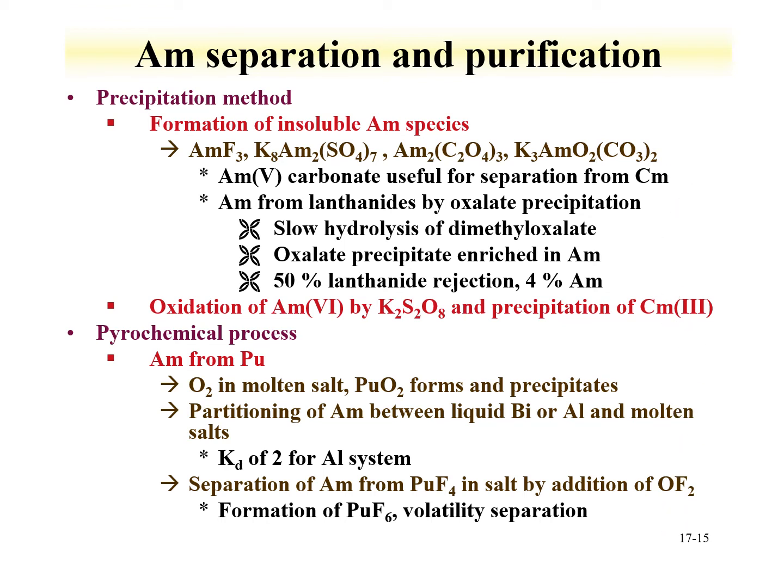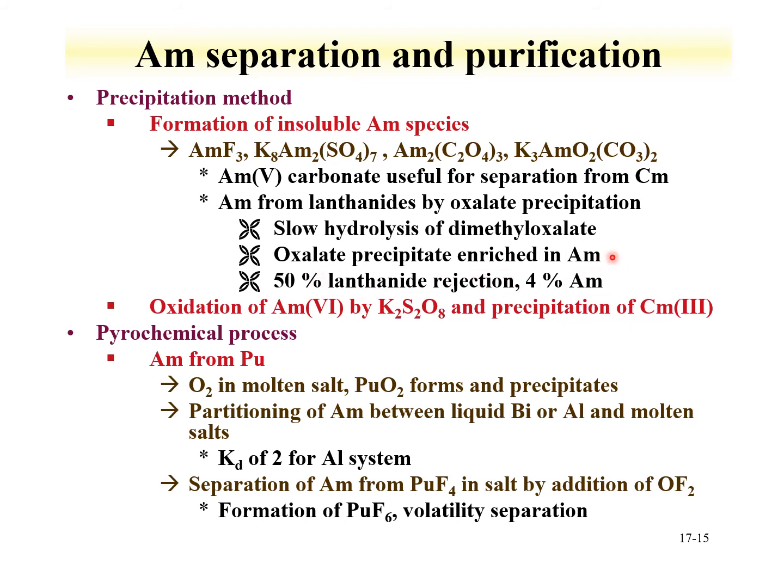Americium can also be separated from the lanthanides by oxalate precipitation, where particularly the use of dimethyl oxalate as a route for this selective method of precipitation to achieve 50% lanthanide rejection, with only 4% americium rejection.